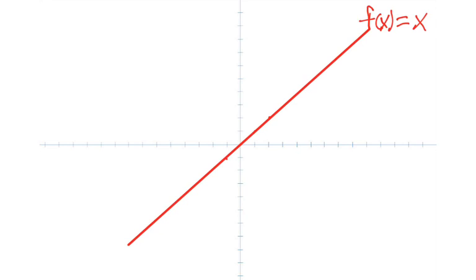Okay, and let's go ahead and look at the second function. They said our new slope is 2/3. So we have f of x equals, and our new slope is 2/3 x.